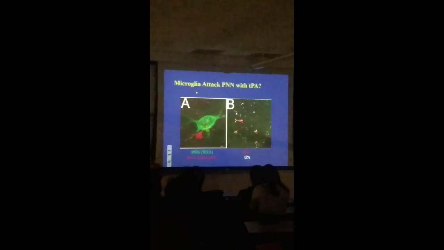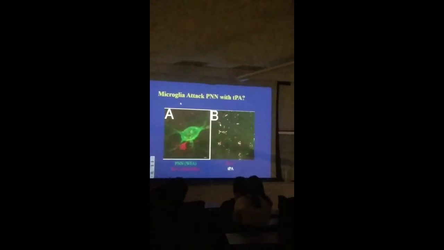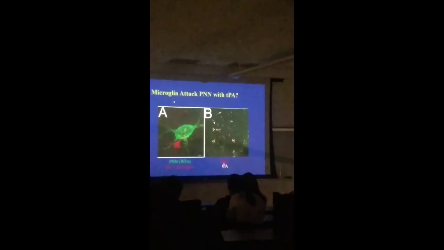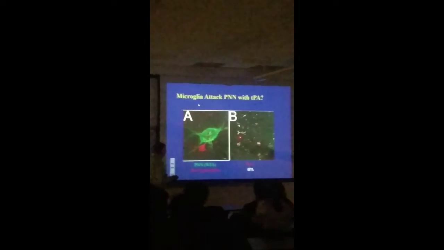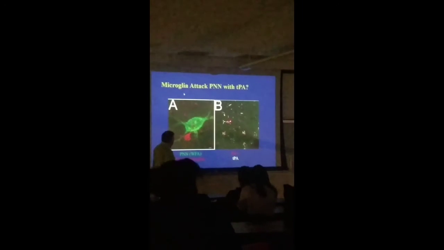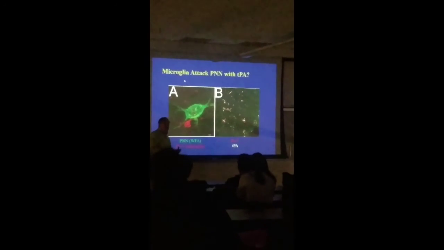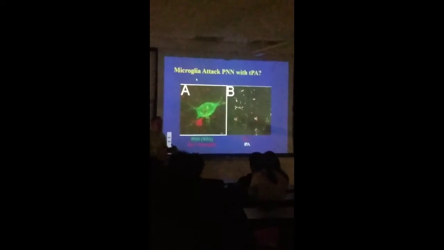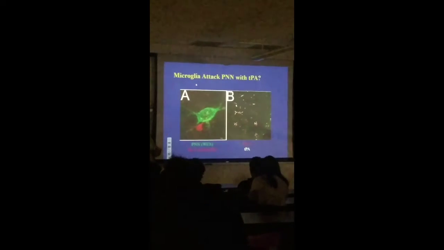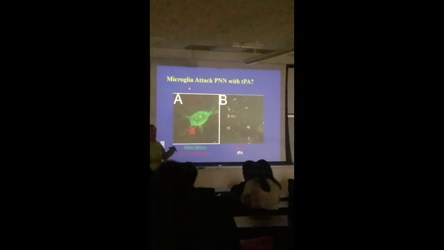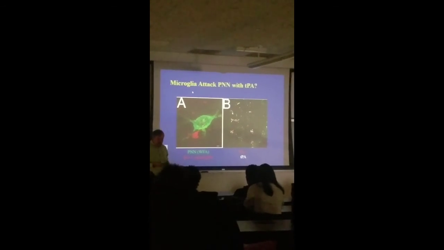And on the right, you're seeing in the red, the microglia, the white TPA, and what we've shown is that following activation, TPA moves towards the membrane of the microglia, and we think it then gets released in the right place because microglia can actually migrate through the neuropil.